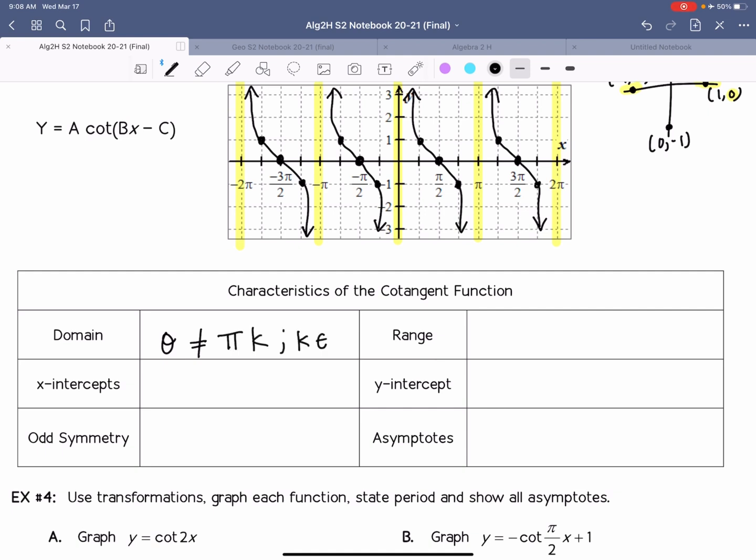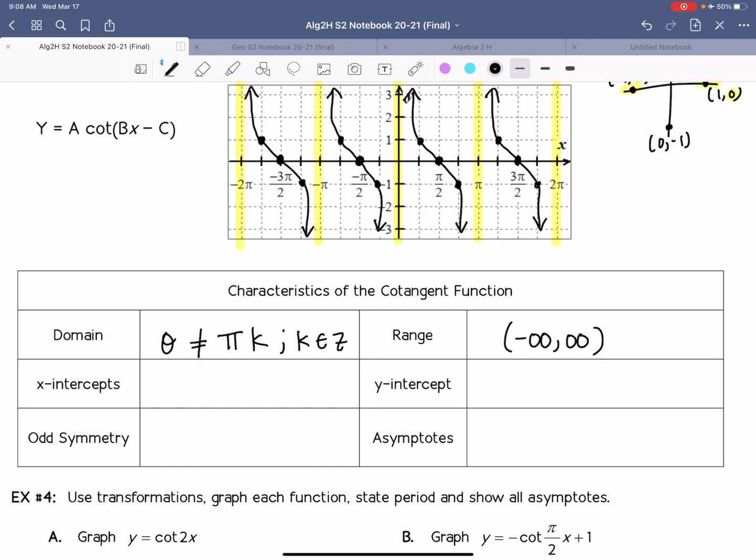Again, k is an element of z, so that's saying 1 pi, 2 pi, 0 pi, which is 0, negative pi, negative 2 pi, negative 3 pi, and so on. Range, again, is our y, so it goes from negative infinity all the way to positive infinity. There's no breaks this direction. So, negative infinity to positive infinity.